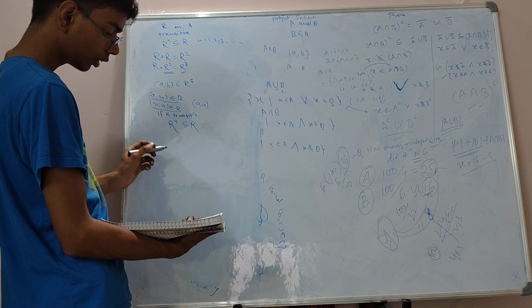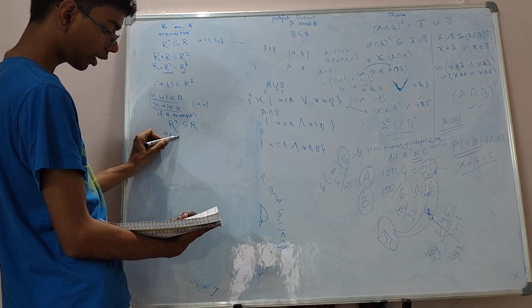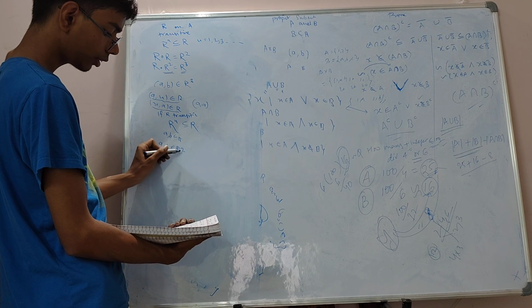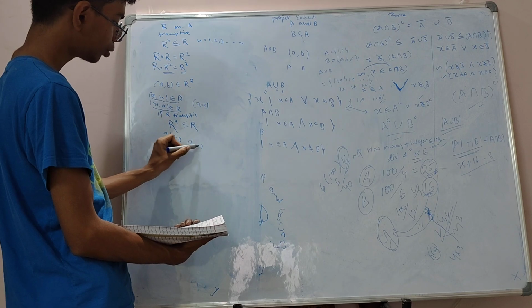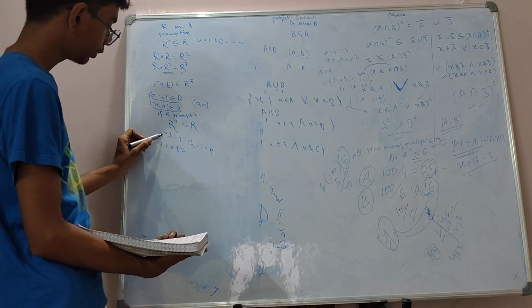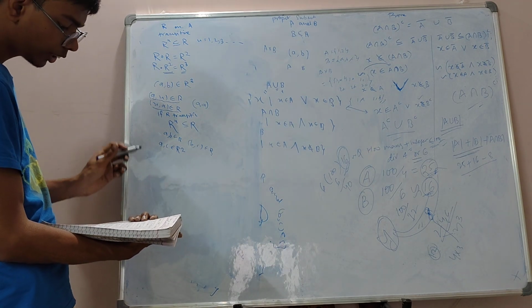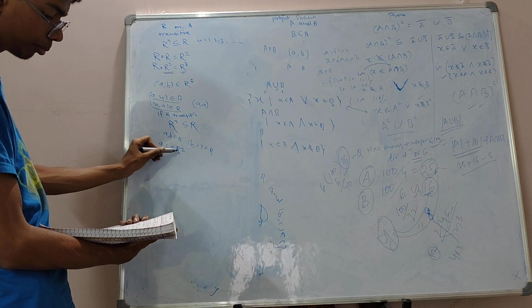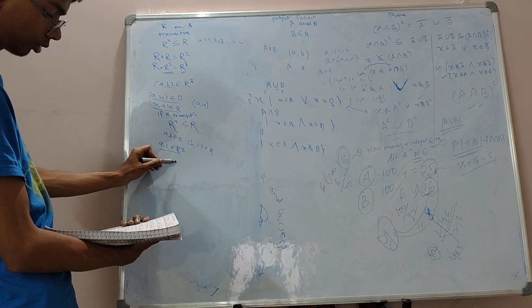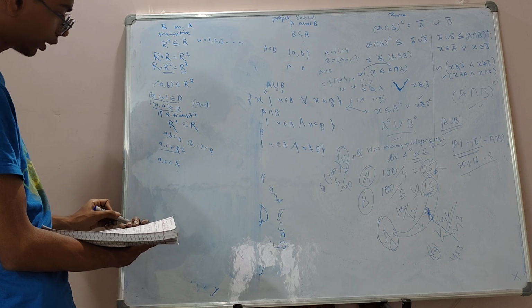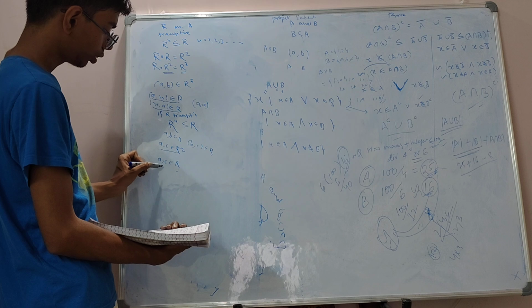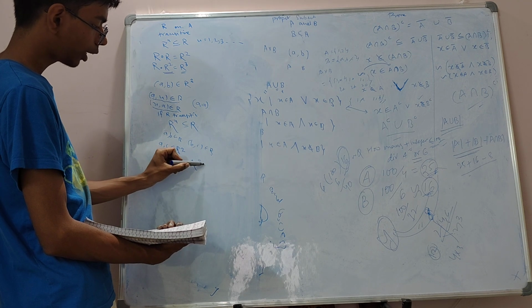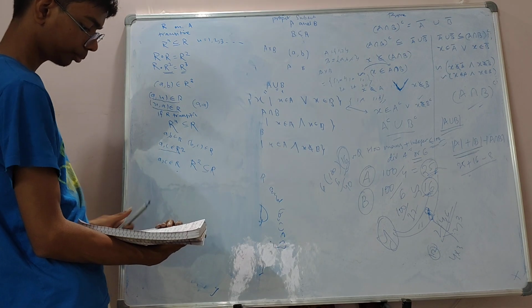Or say suppose a comma b belongs to R and a comma c belongs to R square, then b comma c also belongs to R, right? So that means R is transitive, a comma c belongs to R. That means R composed with itself 2 times is subset of R, right?